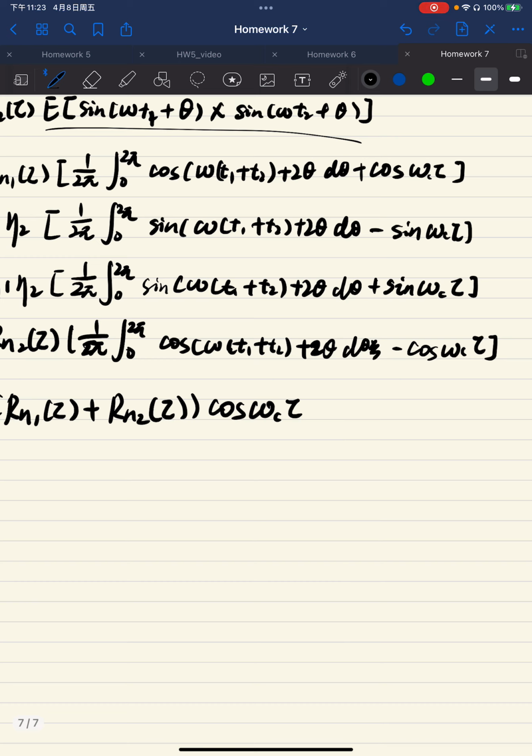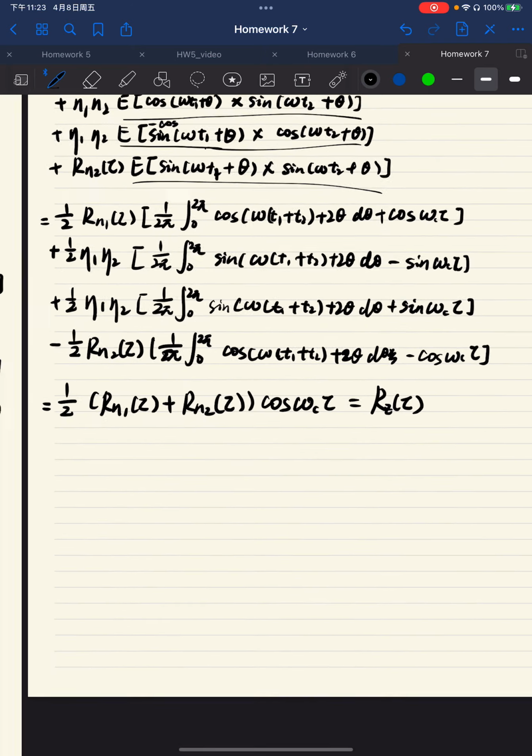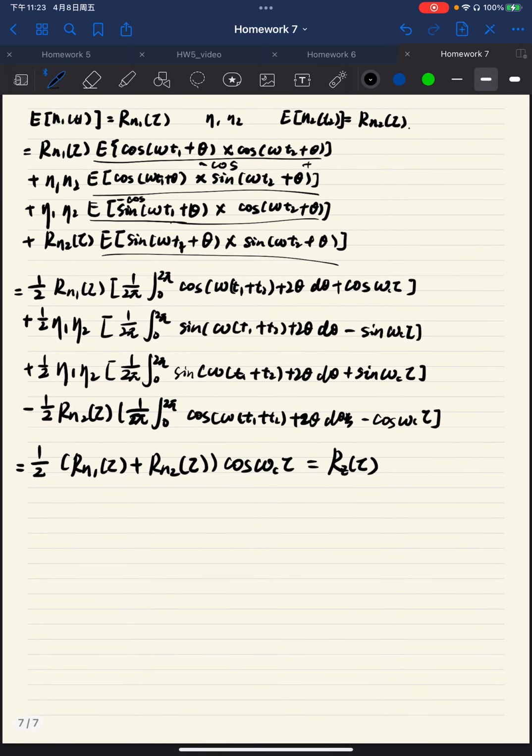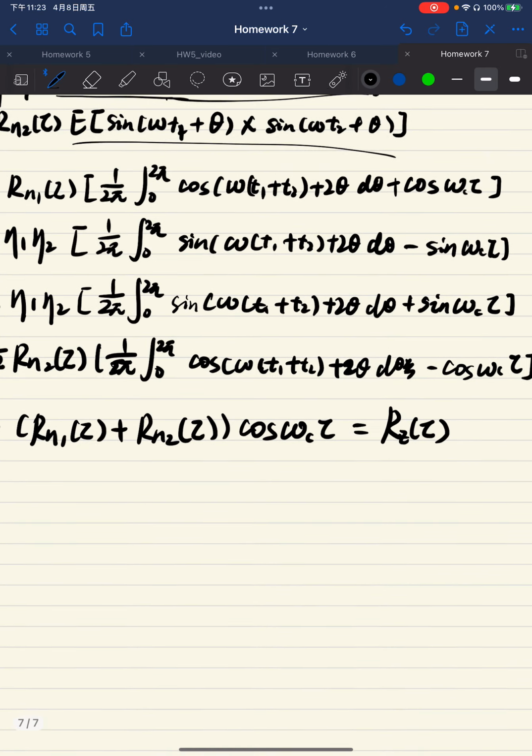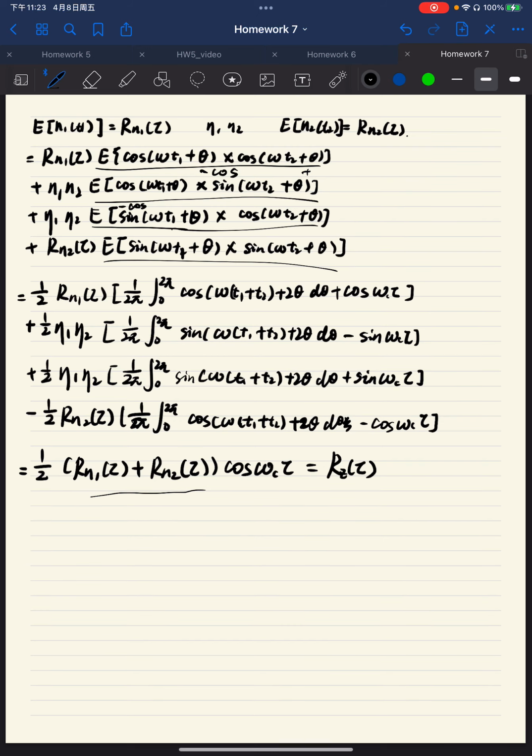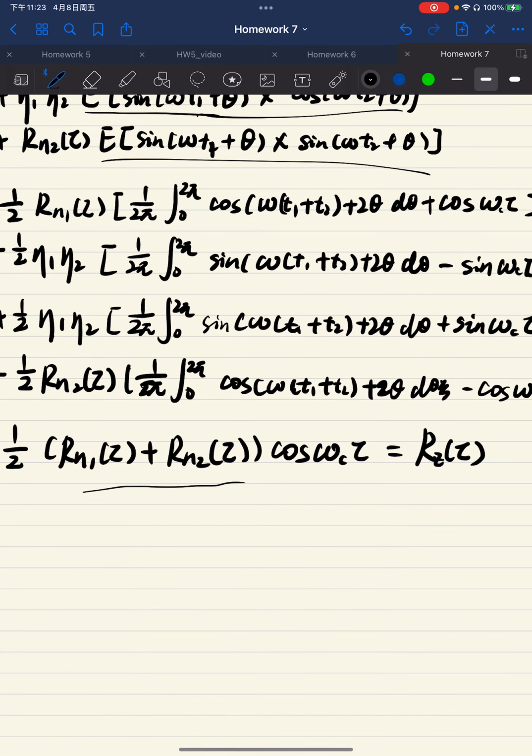This is equal to the autocorrelation of Z, which is the same as this expected value. Since this is also a function of tau only, we can see that Z(t) is also a wide sense stationary process.